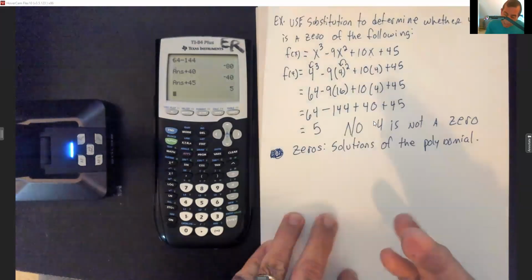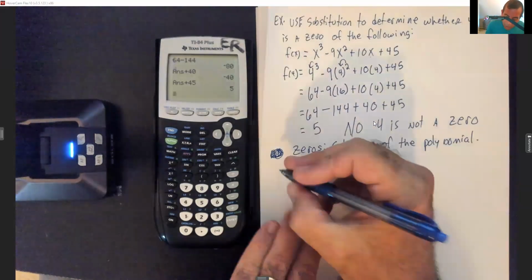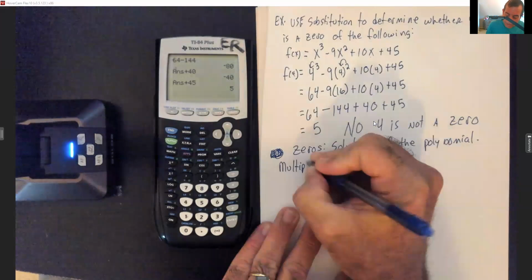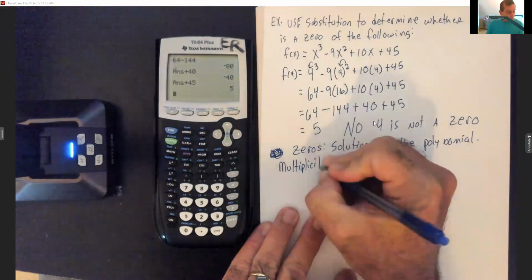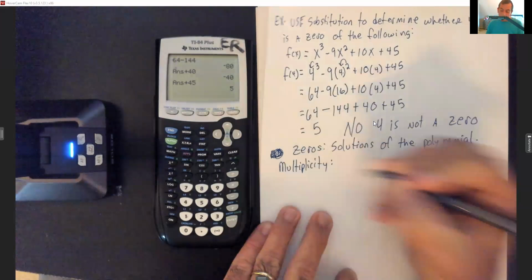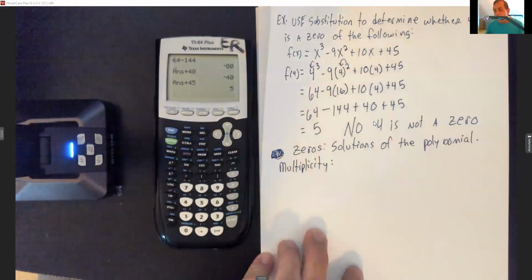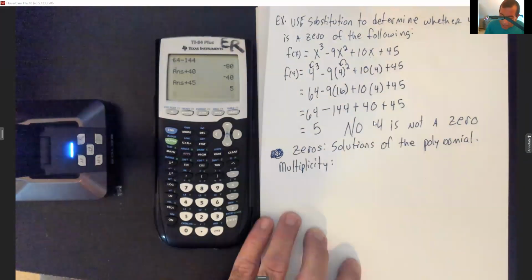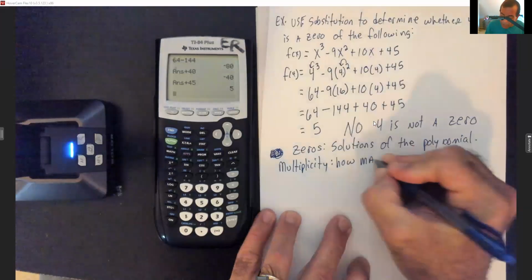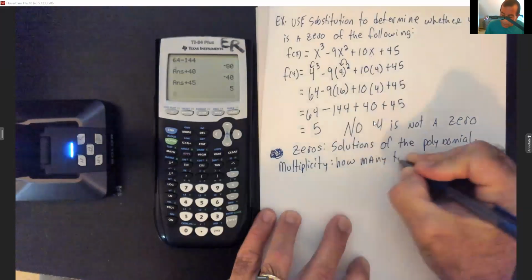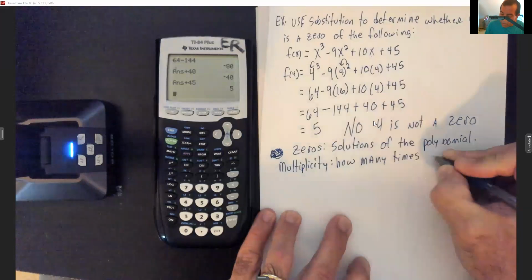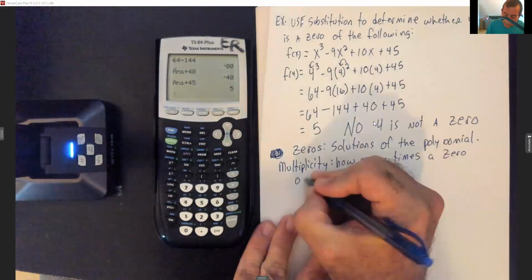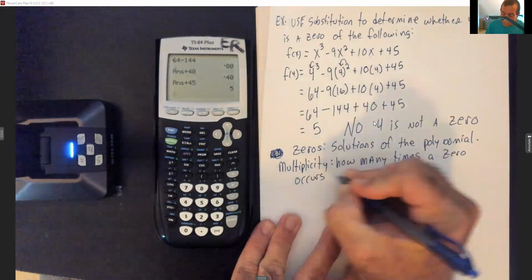So now a new word for y'all, multiplicity. And y'all, multiplicity is how many times a 0 occurs in a polynomial.